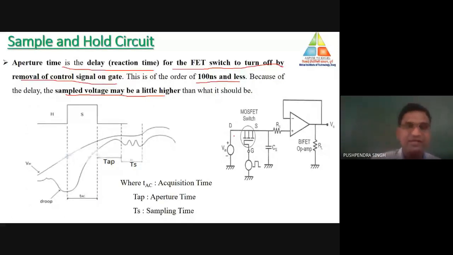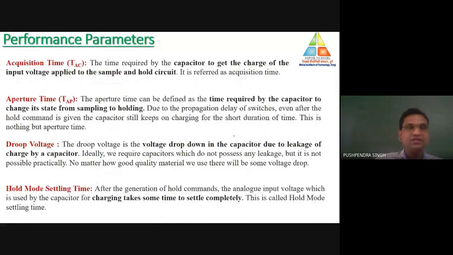Now, what are the performance parameters of the sample and hold circuit? There are 4 different performance parameters. First, which we have already discussed, is acquisition time. It is the time required for the capacitor to charge to the input voltage applied to the sample and hold circuit.